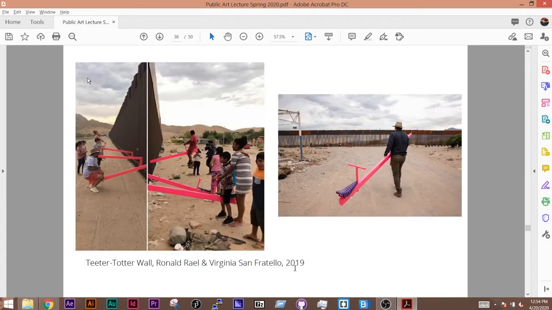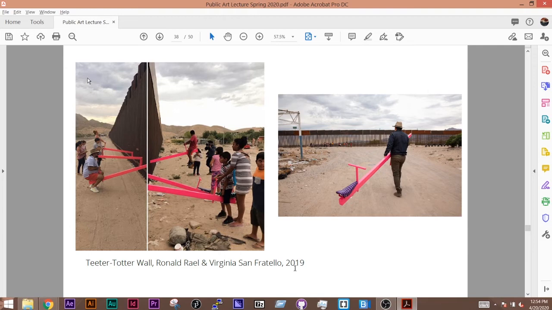The Teeter-Totter Wall was from Ronald Rael and Virginia Sanfratello, two artists who created this way of people across the southern border to interact and play.